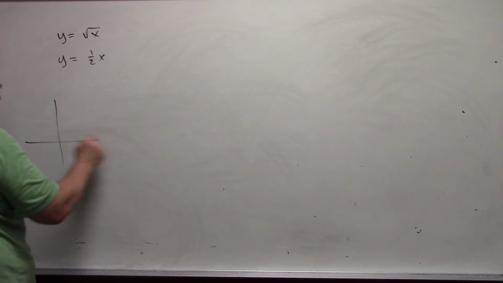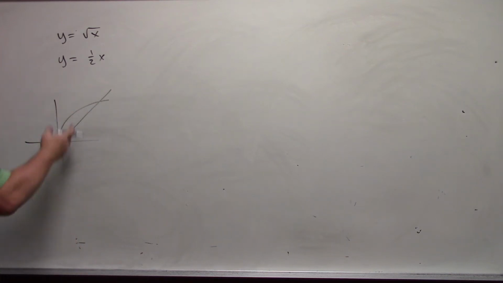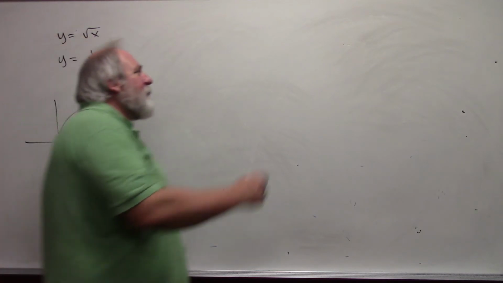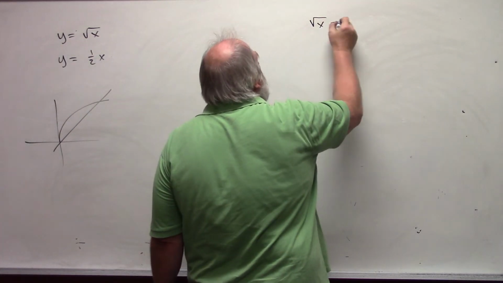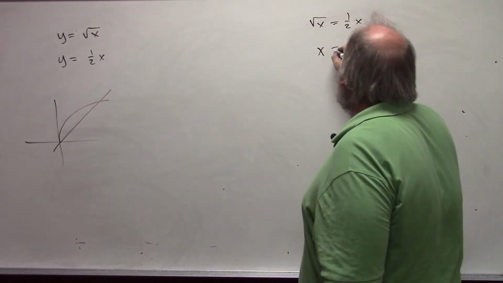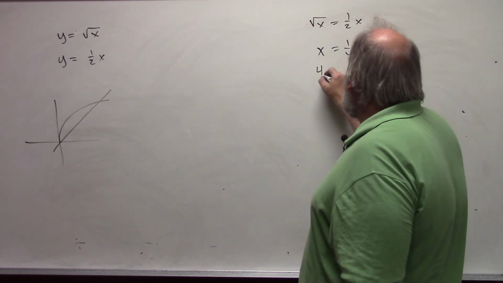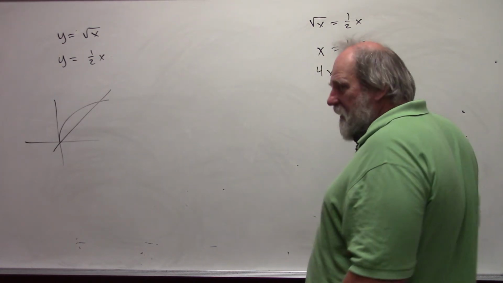So again, this is pretty basic. We have the square root function and y equals 1/2 x. This is my basic area. If I set these equal to each other and solve, I get x is equal to 1/4 x squared, or 4x is equal to x squared. Do not divide by x.